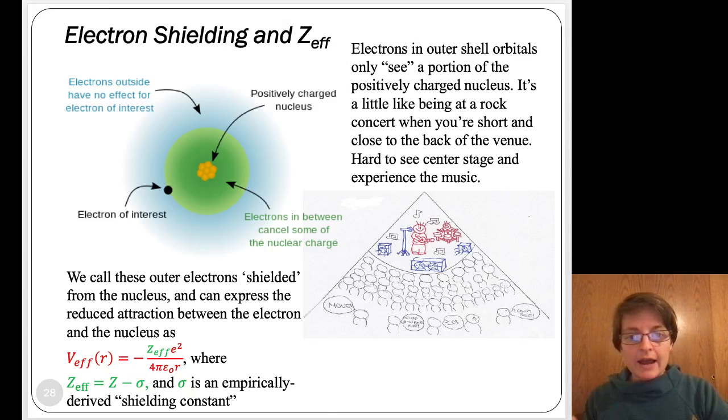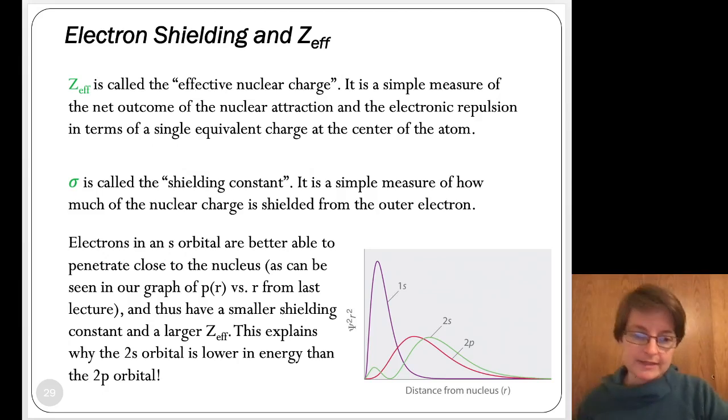And so now that we've thought a little bit about shielding, we can talk about which orbitals and which electrons in which orbitals experience more or less shielding. At the 2s level, our shielding constant appears to be different between the s and the p orbitals. And how we can see that most clearly is by looking at a graph of P of r versus r, just like we did in the previous lecture.